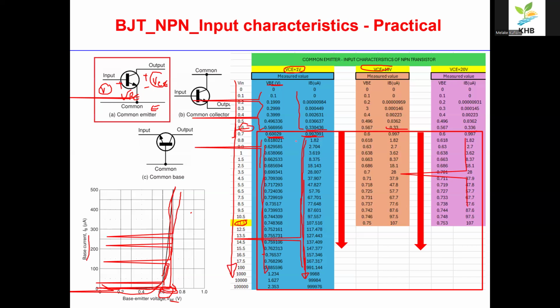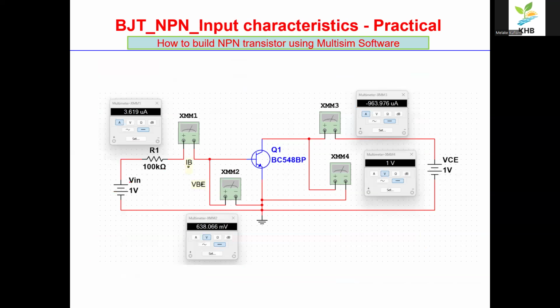So, how do I get this value? Well, I just built here a simple transistor circuit, and I just vary this voltage from 0 to maybe 100 volt. Then you can measure VBE here using a voltmeter. You can also measure the current in series, which is IB.